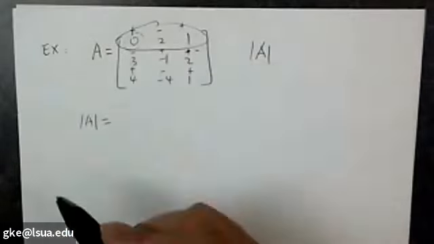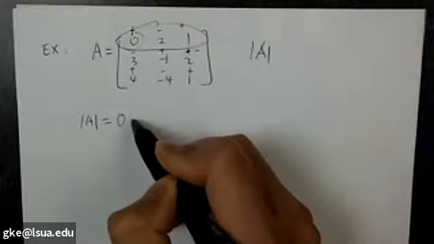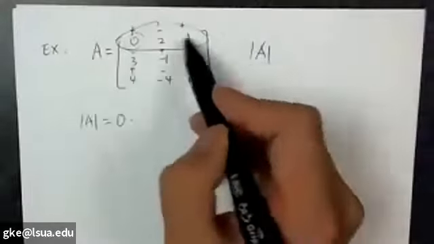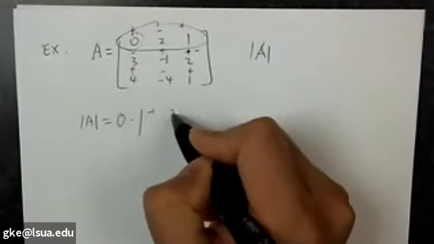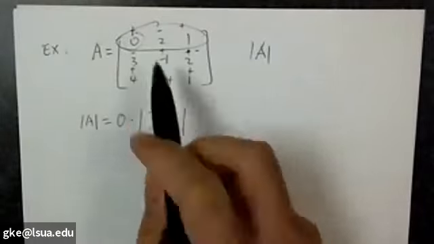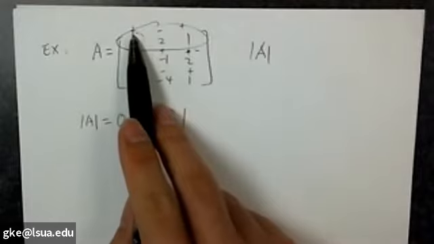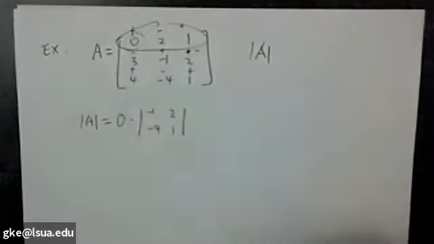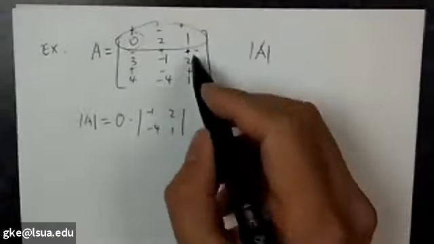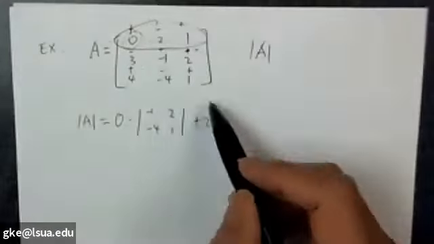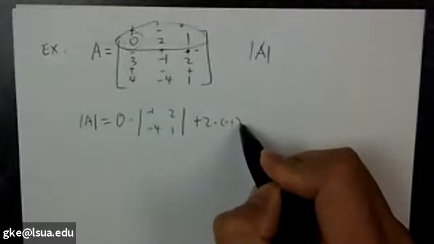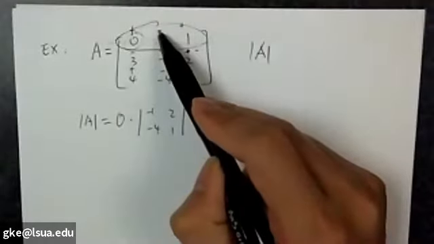The first element is 0, and then cross out the first row, first column, that is 2, -4, 1, right? Because the first element is positive. And the second element is 2, and this is -1 because the sign is negative.